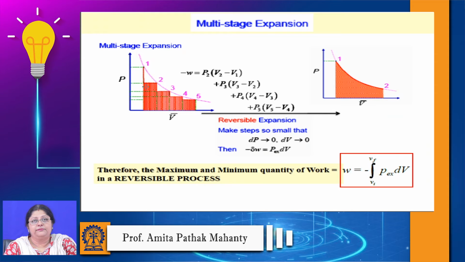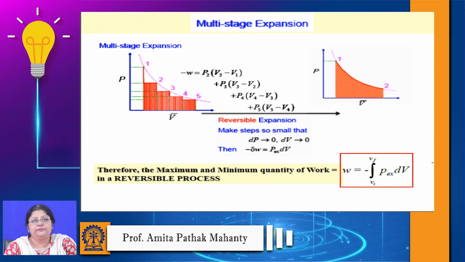In the expansion process, if you keep increasing the number of steps, gradually you get a continuous area like this. And what is the condition? It is a reversible condition, and we are making very small steps, so small that pressure change is tending towards zero and volume change is also tending towards zero.